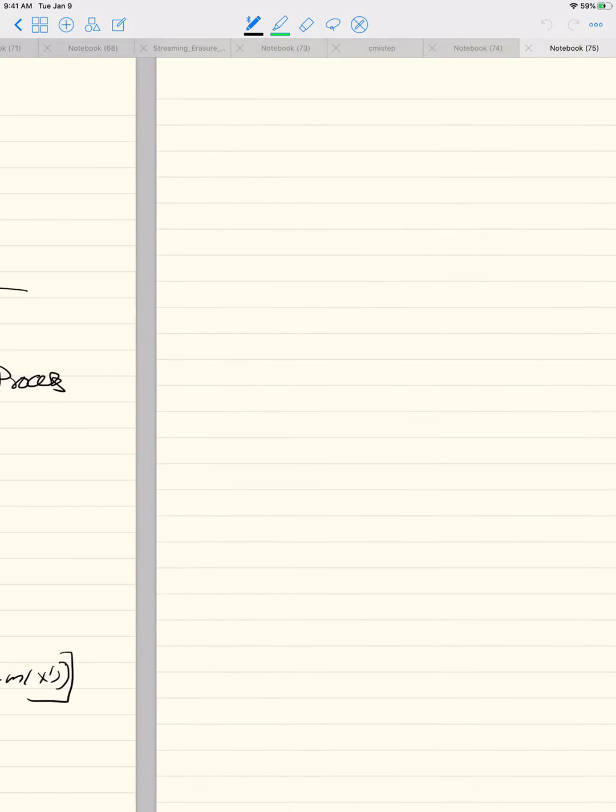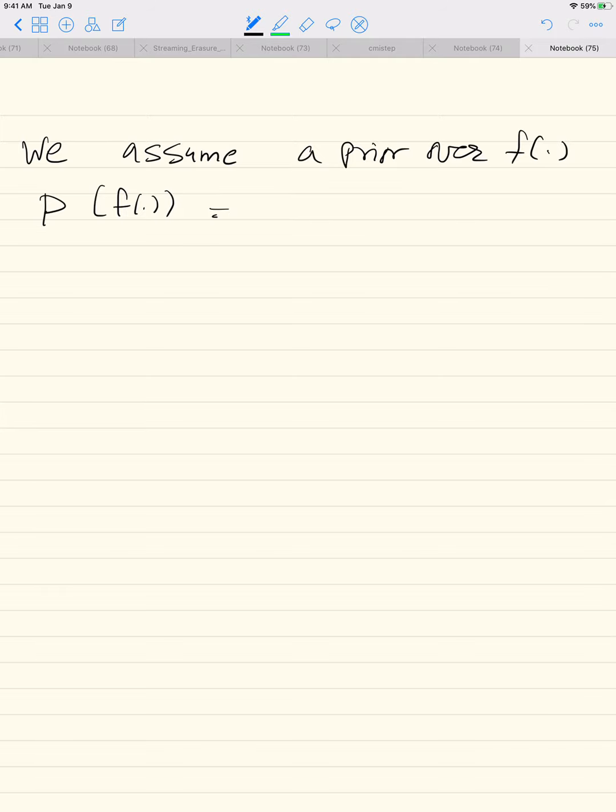So what we do in this approach is we assume a prior over the function f. So we assume that the density of f is a Gaussian with mean m and covariance k.